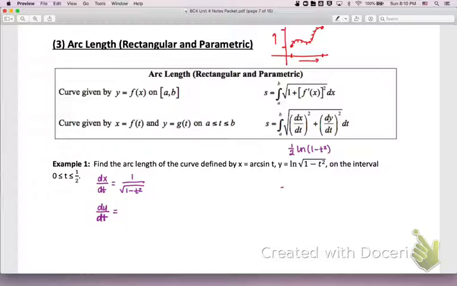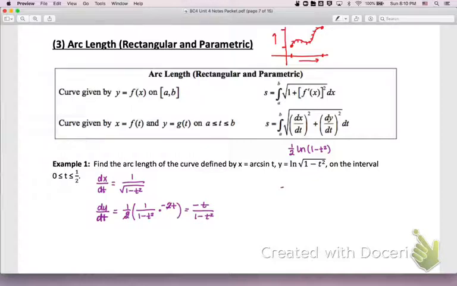So this is going to be 1/2, that's just our constant multiplier, times the derivative of natural log, which is 1 over 1 minus t squared, but then we have to multiply it by negative 2t because of the chain rule. So the 2's divide out, and we're left with negative t over 1 minus t squared.